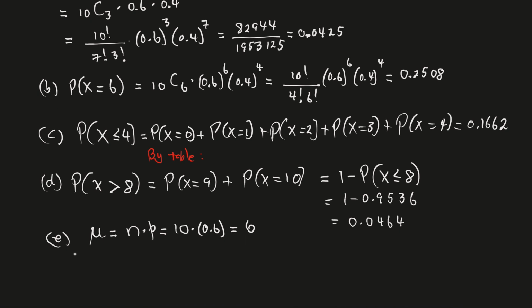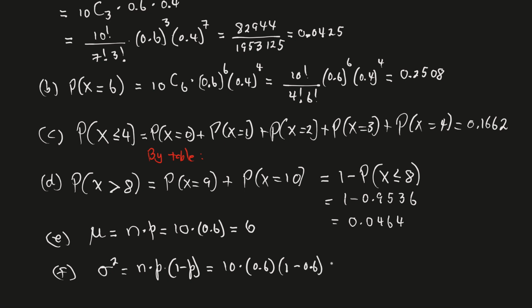Variance, again, equally easy formula. So that's our sigma squared, or if you want to use V of X, you can. But it's your n times p times 1 minus p. So we have 10 times 0.6 times 1 minus 0.6.